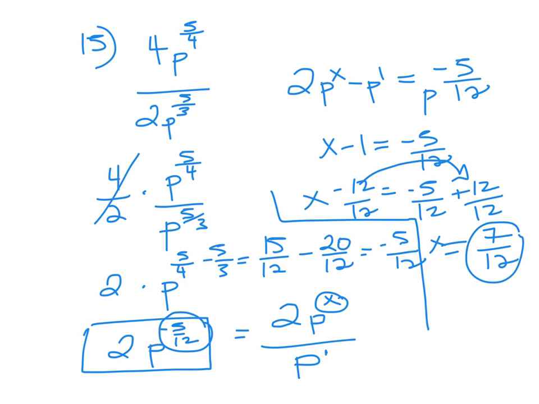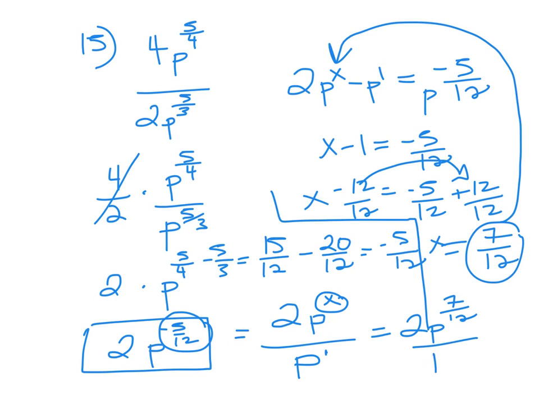And that's the exponent that goes here. So that's going to be 2p to the power of 7/12 all over p. And this is the final answer. My exponent is positive, instead of having a negative exponent.